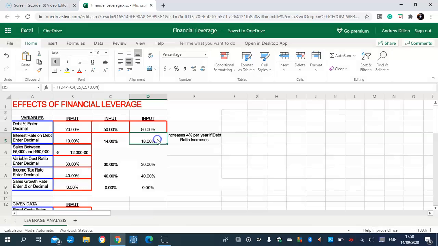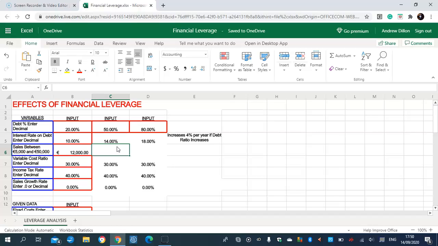The other answer is 18.00%. The increase is 4% per year as the debt ratio increases. As you see, it goes up from 14 to 18%. That's very good. So next one is the sales.